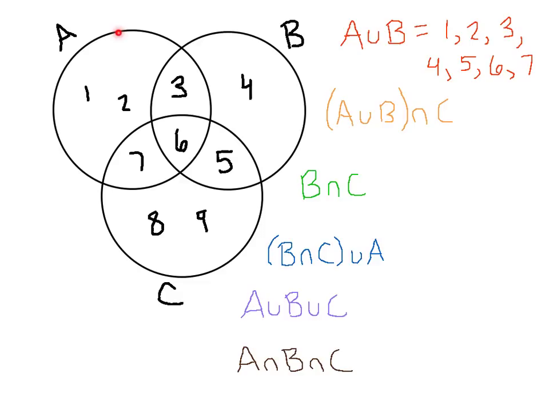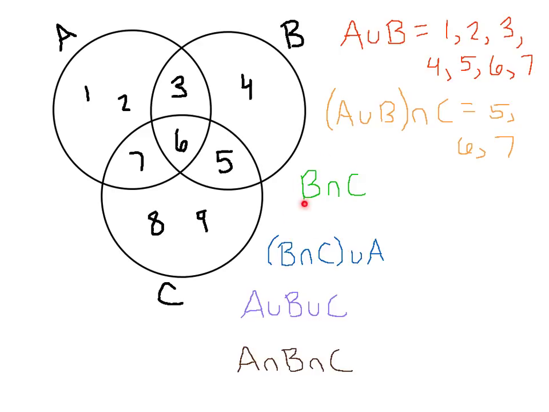So which one of these numbers is inside C? That's going to be the intersection. So 5, 6, and 7 are in A and B. It's part of the union, but they're inside C. So the correct answer here is going to be 5, 6, and 7.